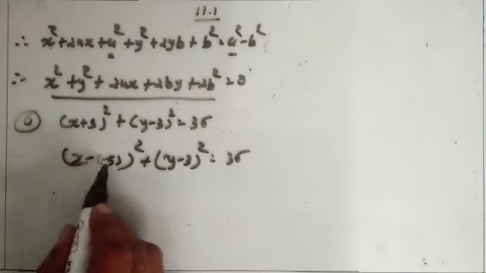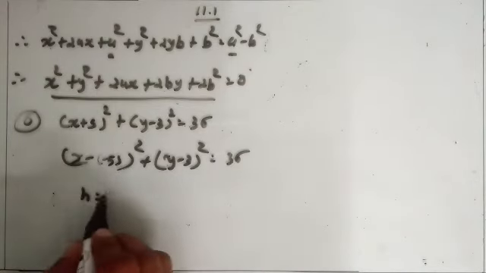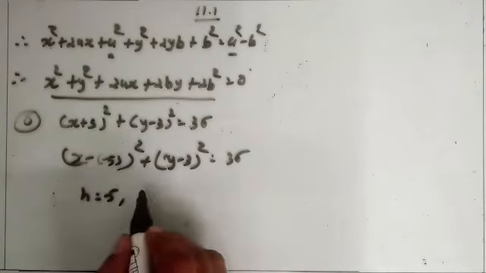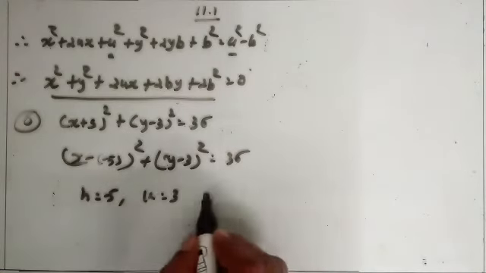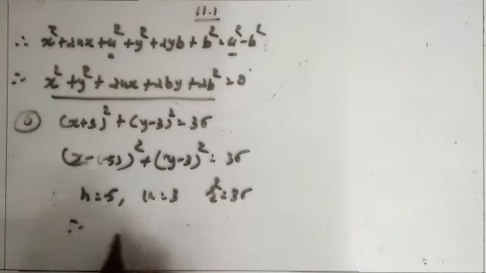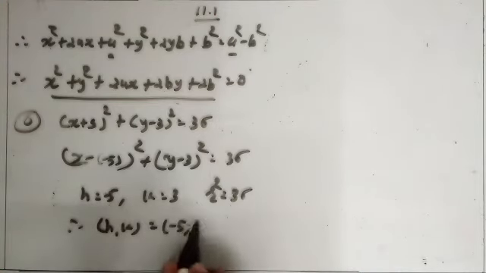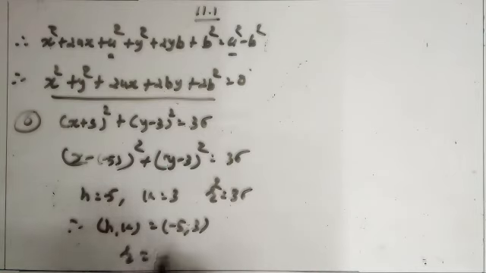Comparing with (x - h)^2 + (y - k)^2 = r^2, here h is equal to -5 and k is equal to 3, r^2 is equal to 36. Therefore, the center (h, k) is (-5, 3) and the radius r is equal to the square root of 36, which is 6. Clear?